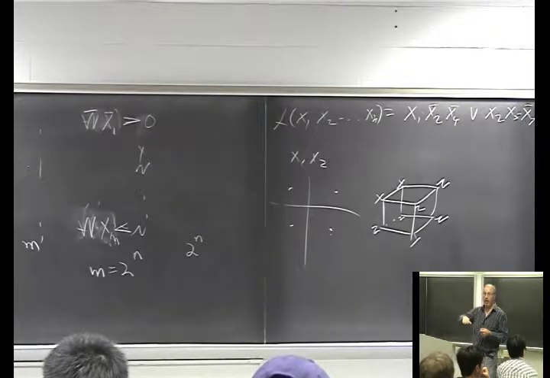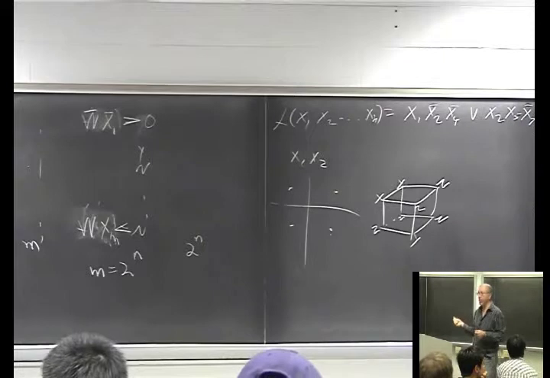The function must be either monotonically increasing or monotonically decreasing in any one of its variables. It could be monotonically increasing in some of them and monotonically decreasing in others. But for each one of them, it has to be either or.